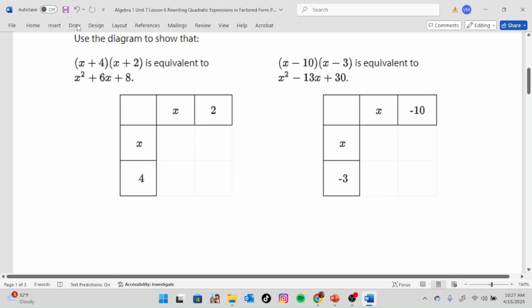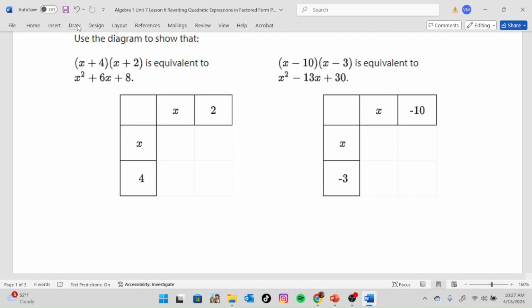In practice problem 2, they want us to take these factored form quadratic expressions and show that they are equivalent to the standard form.